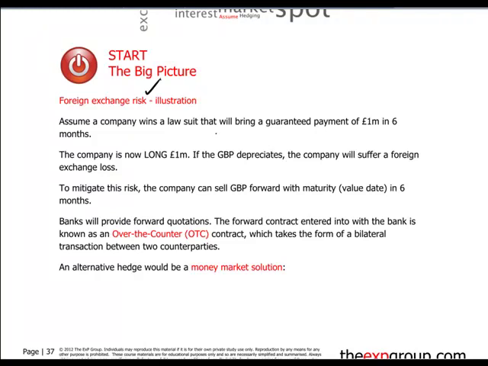So the typical cases in which a company would be long or short a foreign currency. And examples are given here to make sure that the terminology is well understood. Forward contracts are done over the counter. Over the counter would be a bilateral contract between a bank, for example, and a client.